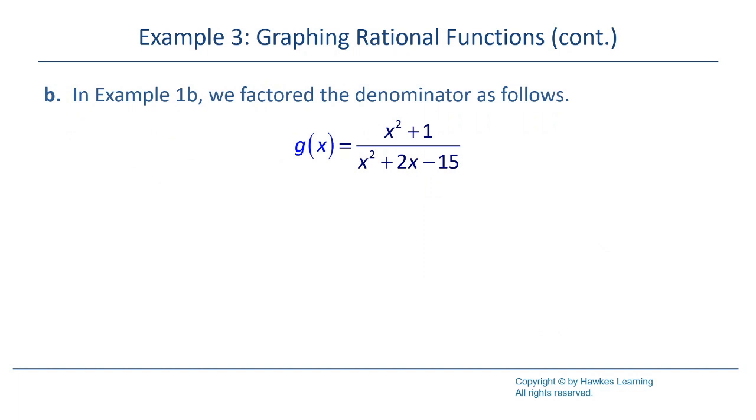Now, this one's a little bit more interesting. So if we factor this, x squared plus 1 divided by, like I said, these are familiar. What multiplies to get negative 15 and adds to get 2? Negative 3 and 5. So I get x minus 3 and x plus 5.